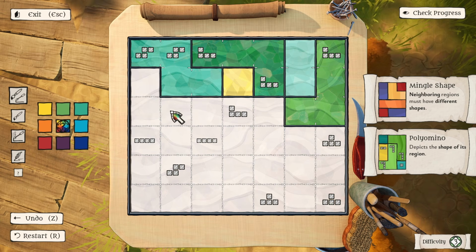Now, I think this one is going to take that one. And then there'd be a single here, and this one would do whatever it does.